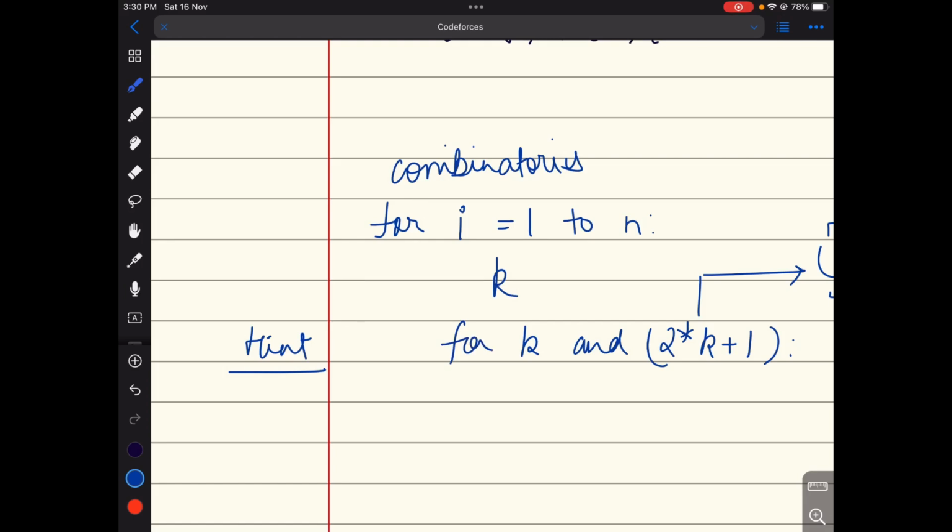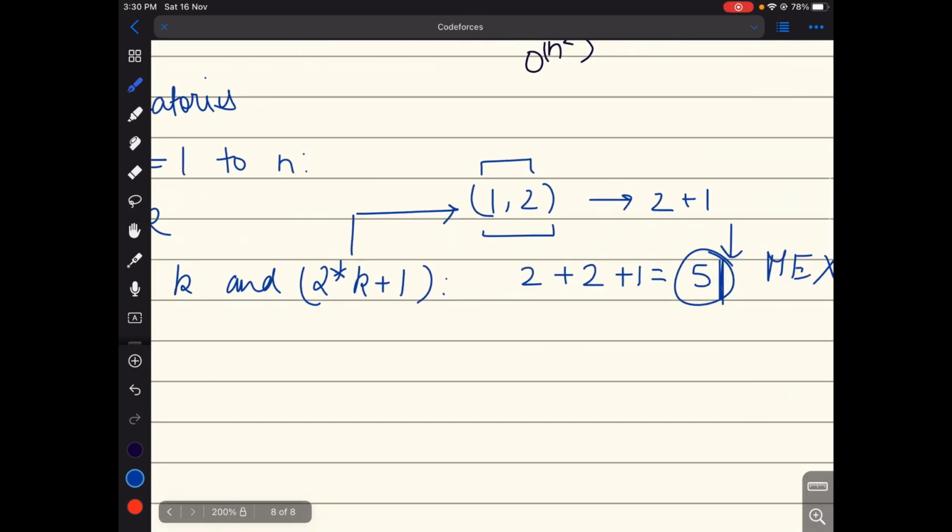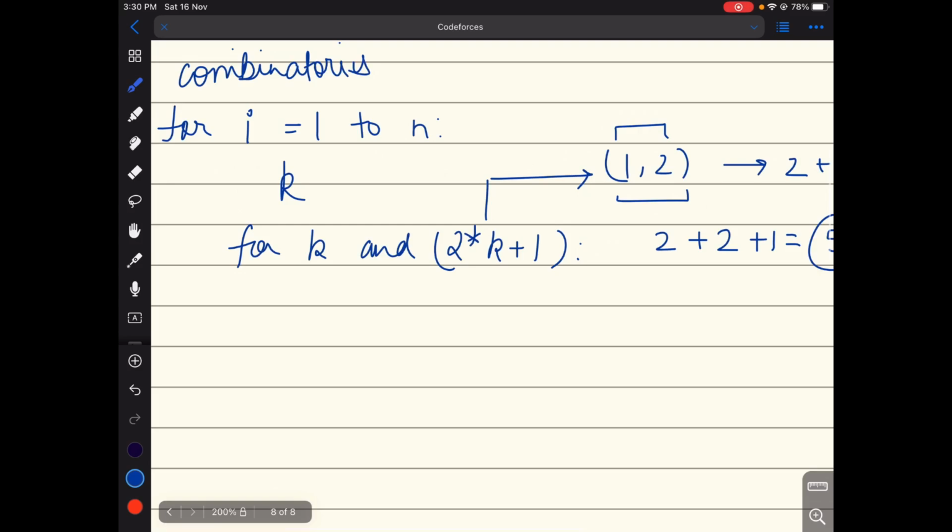And for this, for each value that can be a MEX, we will find out the combinatorics or the sum of the entire array. For that, we can do the total and keep it k. The MEX can occur more than once as well.